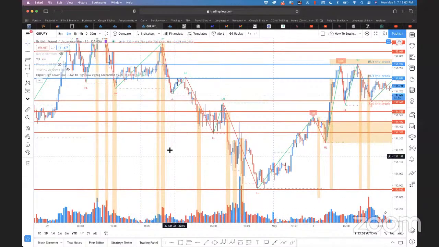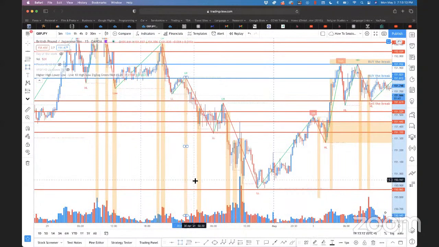This is telling you this has a chance to continue. This one candle right here is telling you this has a chance to continue, right?